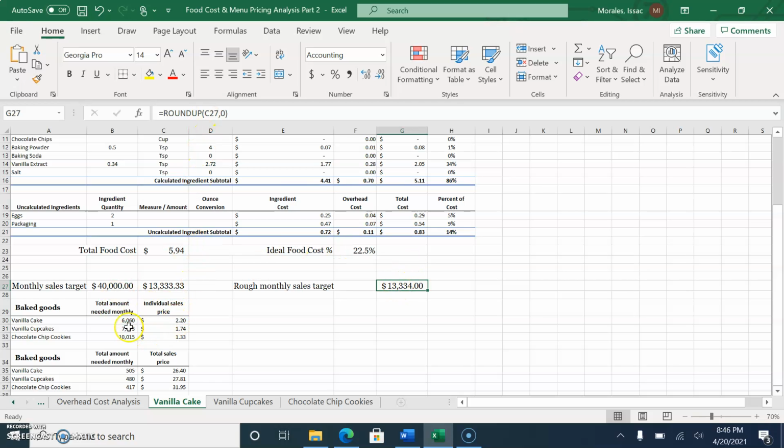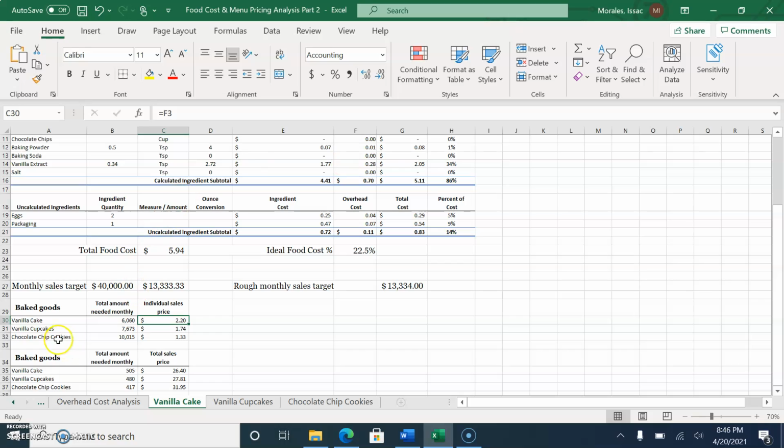And then in order to find how many vanilla cakes I'm going to need, I took this cell here, G27, which is our number for each one. So vanilla cake, vanilla cupcakes, and chocolate chip cookies need to sell at least this amount of money. In order to do that, we have to divide by our individual sales prices.